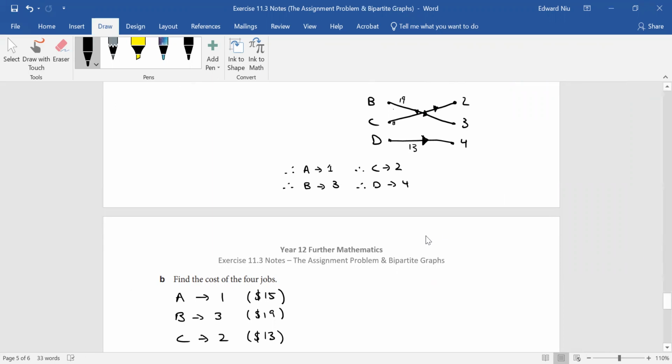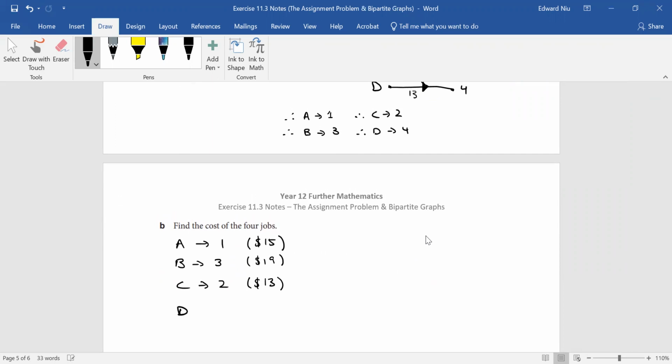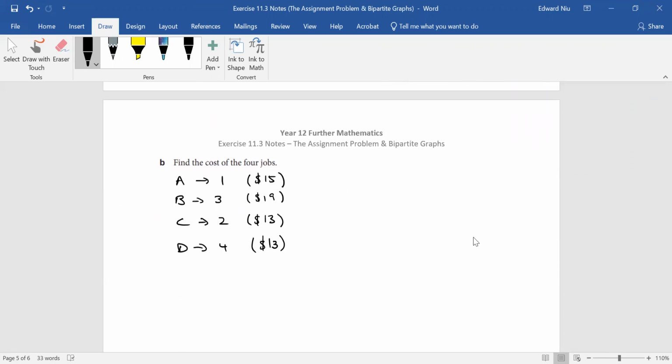And then D to 4 is $13. So total, what's that? 13, 13, 26 plus 15, 41, plus 19, 60. $60 for the cost of 4 jobs.